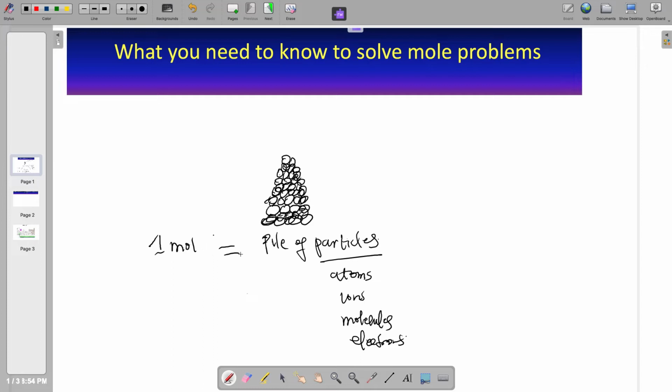Now, this pile of particles also consists of a specific number of these particles. And this number is equal to what we call Avogadro's number, which is 6.02 times 10 to the power 23 particles. Again, particles here could mean atoms, ions, molecules, or electrons.